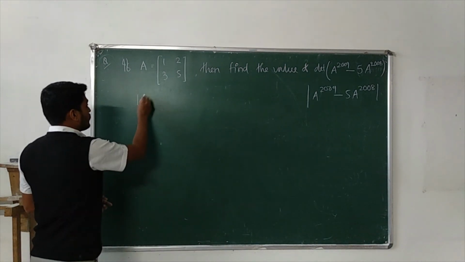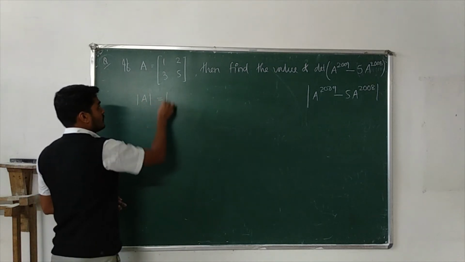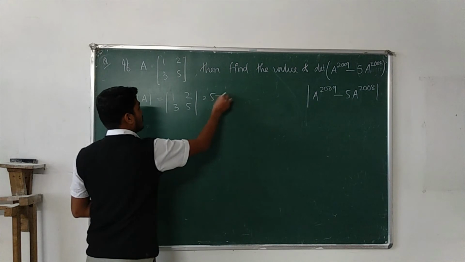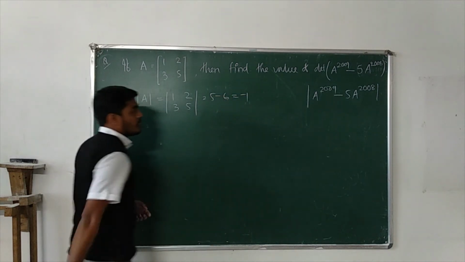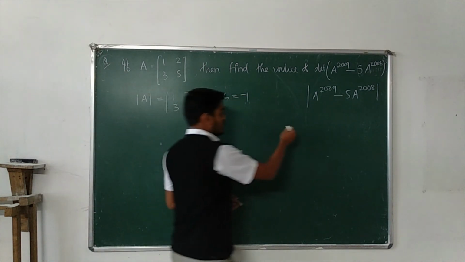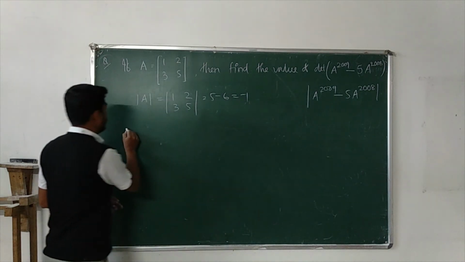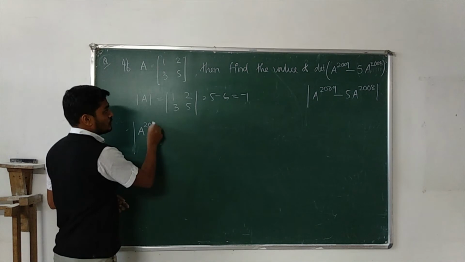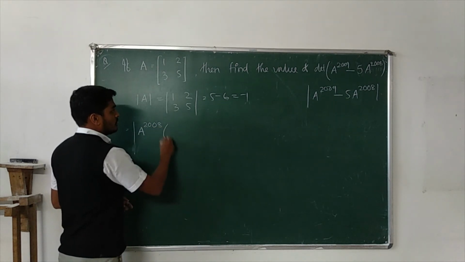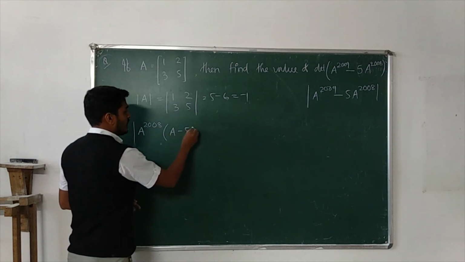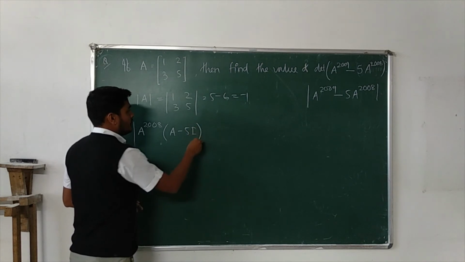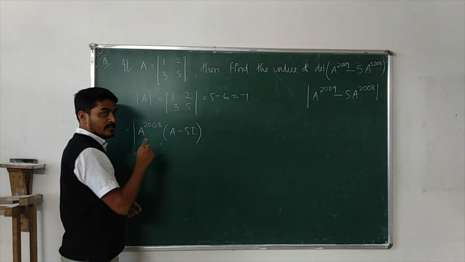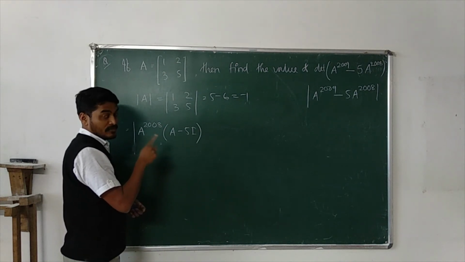So what is the determinant of A here? First of all, let us find it out. 1, 2, 3, 5. So it will be 5 minus 6, which is equal to minus 1. Now, out of these expressions, A to the power 2008 is common. Then we will have A minus 5i. Actually, in case of a matrix, if you take the matrix common, then I will be left there.